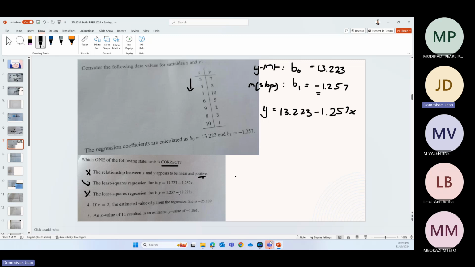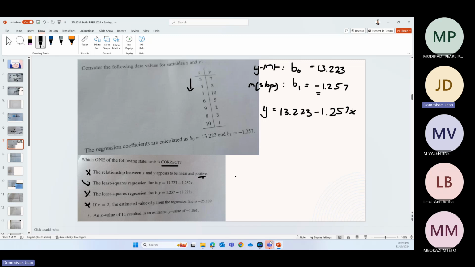But if you had the least regression line 3, that would have been also correct. So that's incorrect. And then an x value of 11 resulted in an estimated.